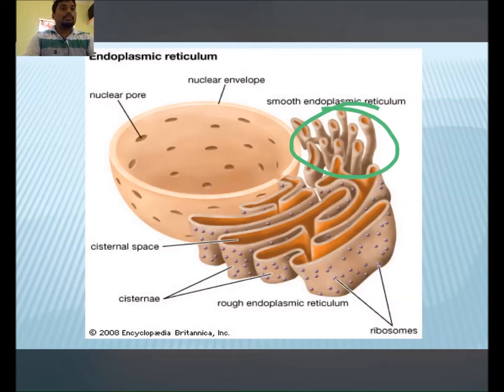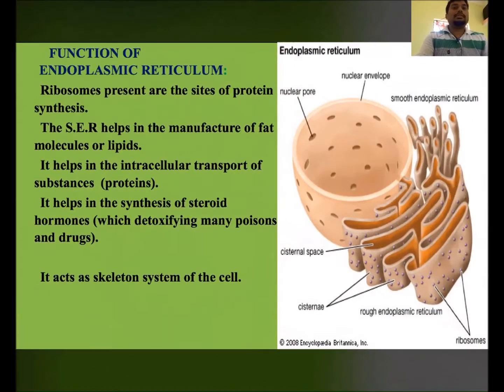These are smooth endoplasmic reticulum and this is rough endoplasmic reticulum. Can you tell me why is it called to be rough endoplasmic reticulum? Because it has the presence of ribosomes on their surface. What are the functions of endoplasmic reticulum? Ribosomes present are the sites of protein synthesis. We have already discussed ribosomes are the sites of protein synthesis, so it helps in protein synthesis also.